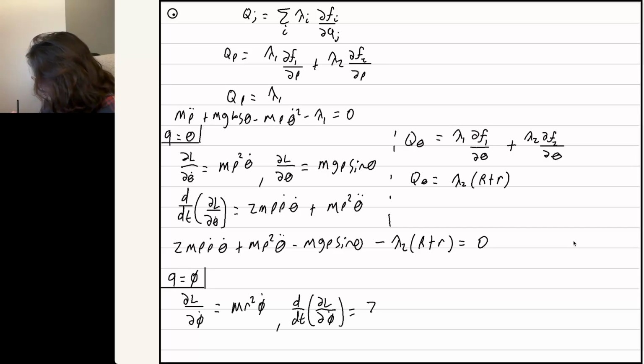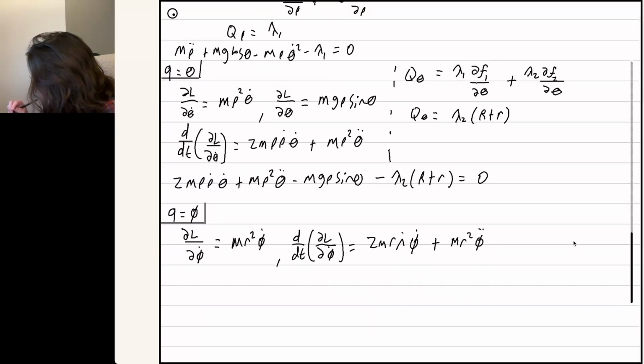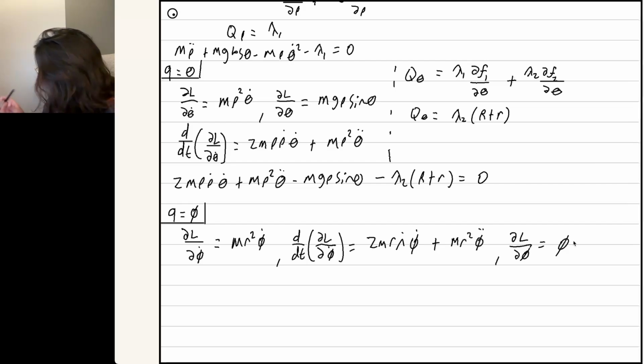That's going to be 2m r dot phi dot plus m r squared phi double dot. All right. And then, interestingly, the Lagrangian doesn't explicitly depend on just phi, so that's 0.